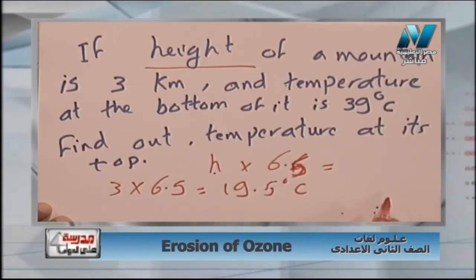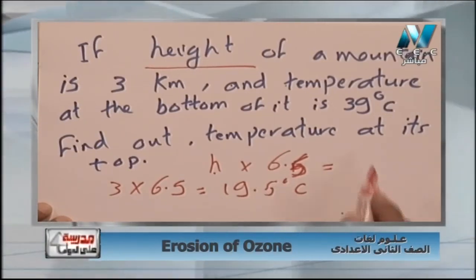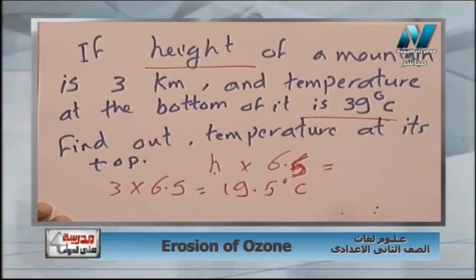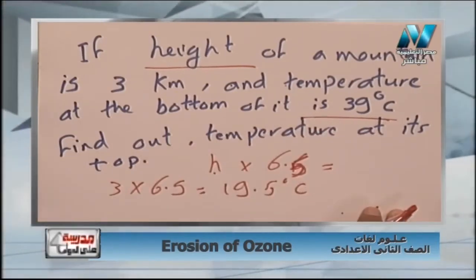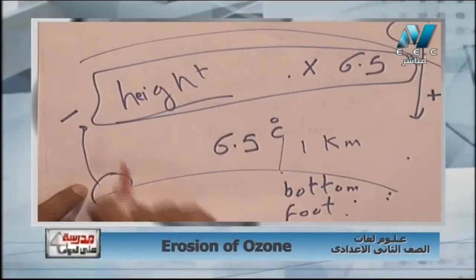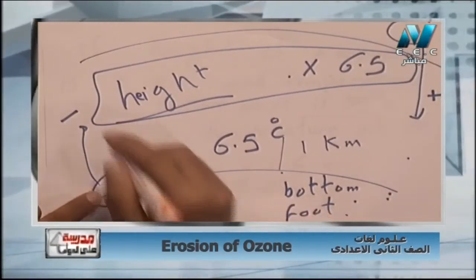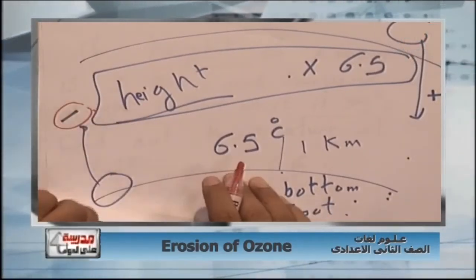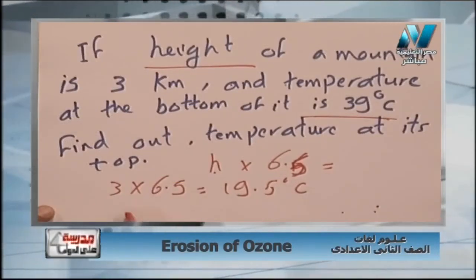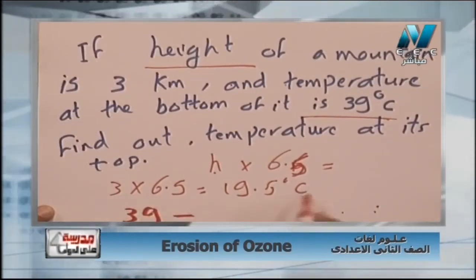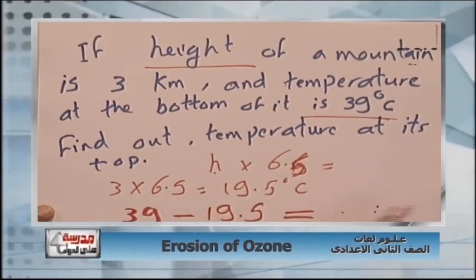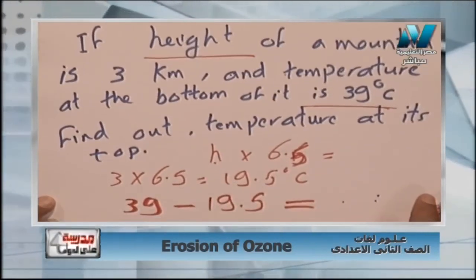But now what are the other givens? The temperature at the bottom. He gave me the temperature at the bottom, so I must make minus. So temperature at the top equals temperature at the bottom minus the value of decreasing. So it will be what?